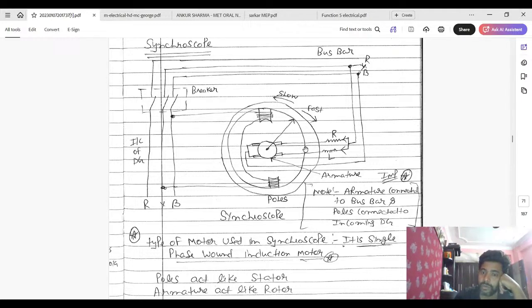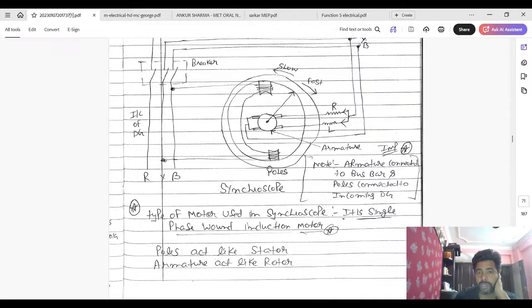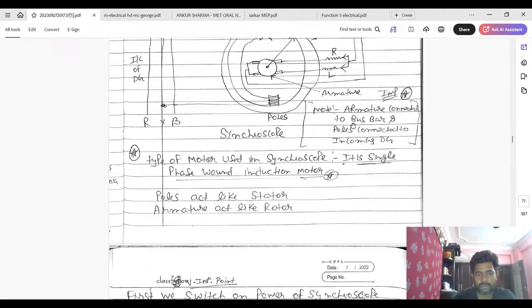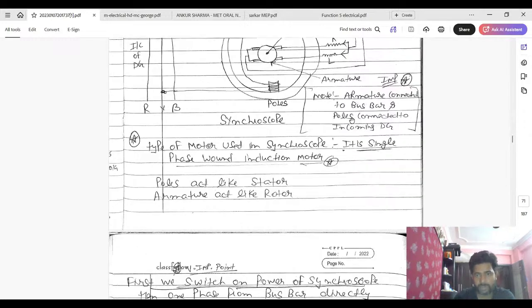One will directly go to the armature of the synchroscope, which is the rotating part, and the pointer is fixed on the armature. And one line is going to the armature via a resistance, and one via an inductance.